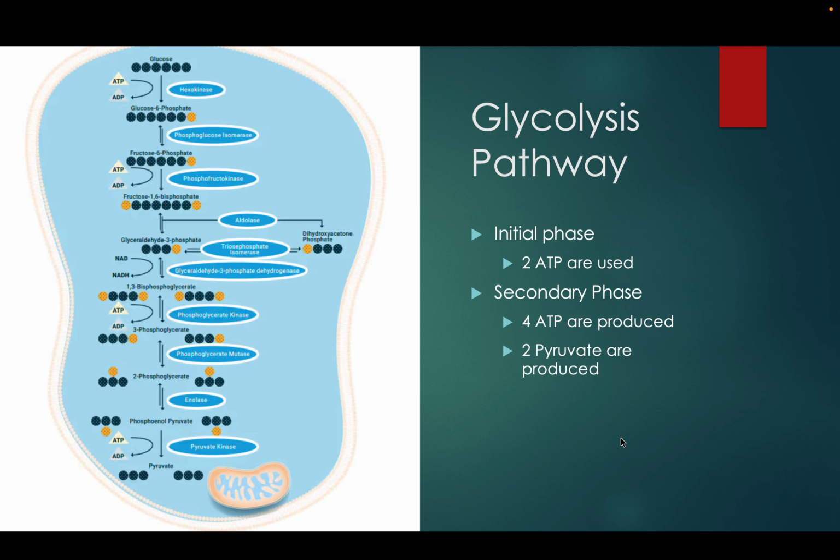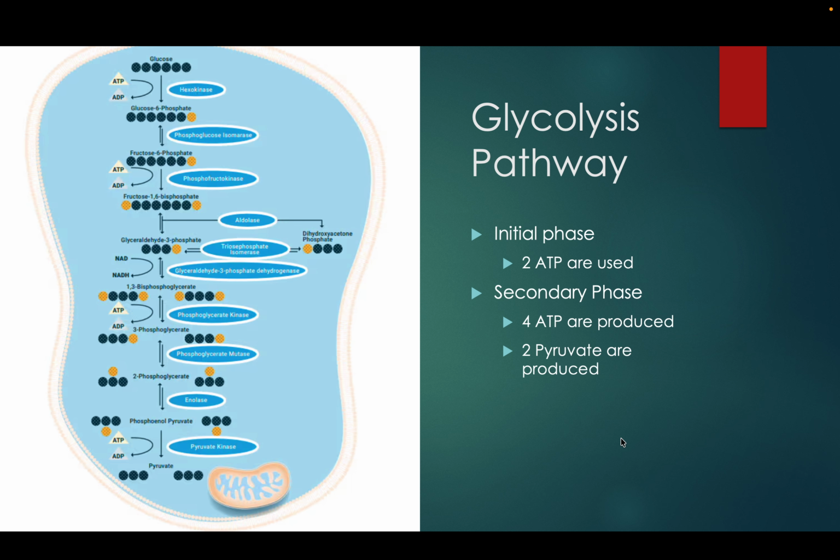The dihydroxyacetone phosphate will be converted into a glyceraldehyde 3-phosphate by an enzyme called triose phosphate isomerase. Because the dihydroxyacetone phosphate is being converted into glyceraldehyde 3-phosphate, there will now be a total of 2 glyceraldehyde 3-phosphates that will go through the rest of glycolysis from just the one original glucose molecule.